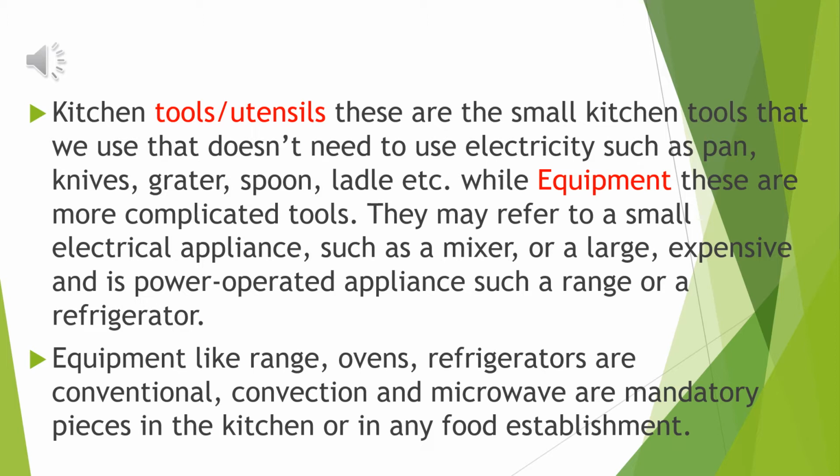They may refer to a small electrical appliance such as a mixer or a large, expensive, power-operated appliance such as a range or a refrigerator. Equipment like range, ovens, refrigerators are conventional, convection, and microwave. These are mandatory pieces in the kitchen or in any food establishment.